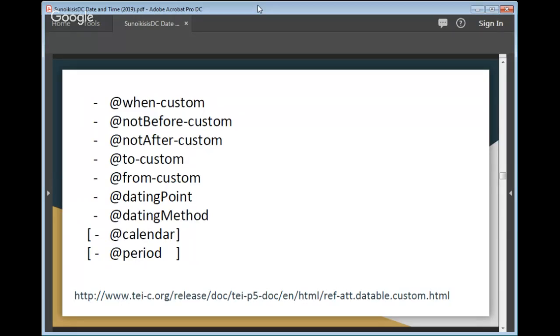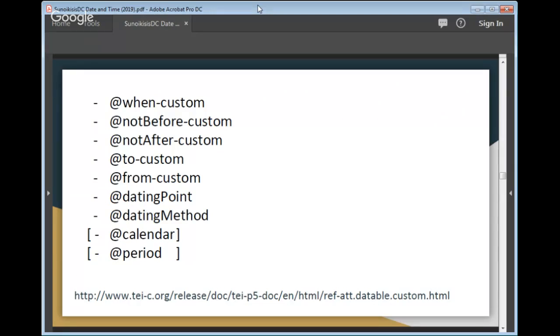So you can say when, and give a very specific date, which may be year, month, day, but you can say that this is in the Julian calendar, which in the ancient period, if you're talking about a specific day, may be several days out from the Gregorian calendar, even the proleptic Gregorian calendar, so it matters if you say that.